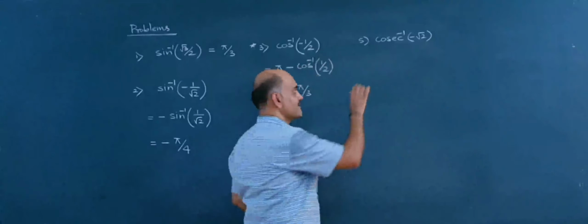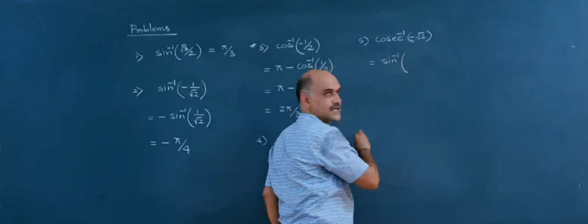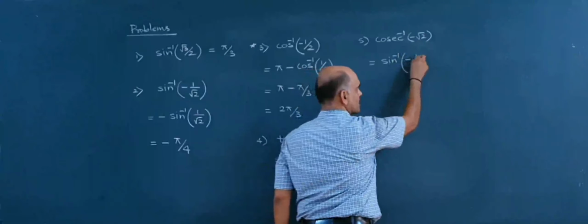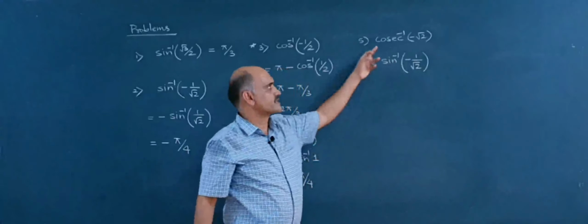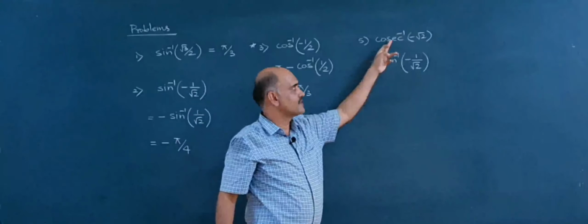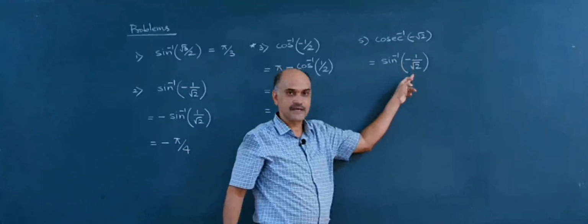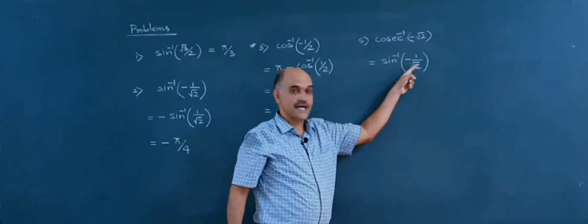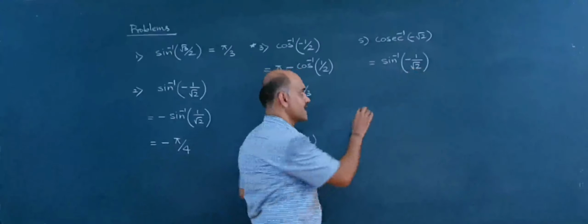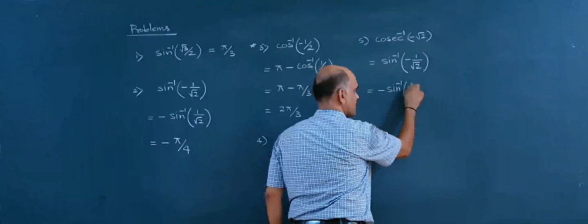So cosec inverse x is written as sine inverse of the reciprocal, so sine inverse of minus 1 by root 2. Now sine inverse of minus x is minus sine inverse x. So you will have minus sine inverse 1 by root 2.